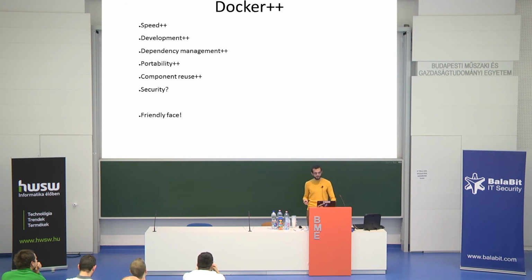So let's just go through some more advantages of Docker. I've already said that Docker is great for speed because it introduces no overhead and pretty much processes run natively. Docker is great for development. The reason that Docker is great for development is that you can run your application in a production-like setting on your development laptop without a huge overhead.